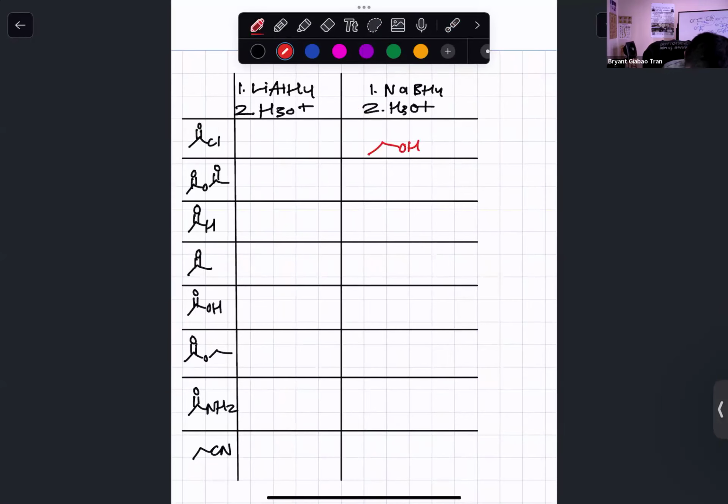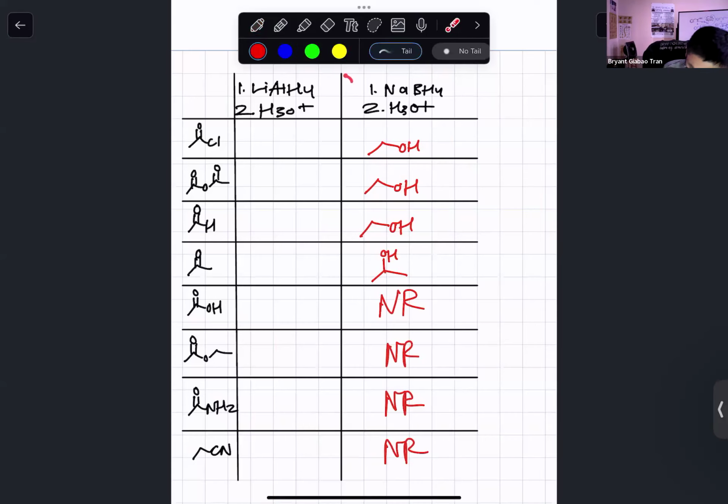If we reduce the acyl halide, we would get primary alcohol, anhydride, primary alcohol, aldehyde, primary alcohol, ketone, secondary alcohol, right? No reaction for the less reactive derivatives. But if we were to use a stronger reducing agent, lithium aluminum hydride, we can reduce all of these derivatives, even the less reactive ones, right? But the ketone here would always, always, always be a secondary alcohol.